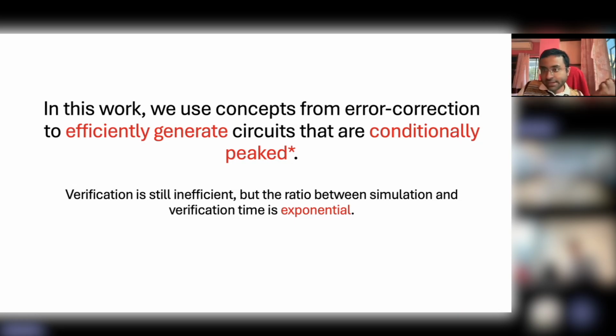I could just divide the parent number by the factors that you give me and check. That is a simple way to check the factoring. So that's exactly why verification is much easier. A priori, for any task, simulation complexity and verification complexity can be extremely different. There are problems in NP, for instance, where this is the case.